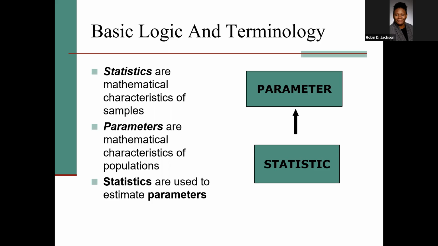If, however, I said a sample of 50 workers was taken from 200 workers at a distribution plant, and 25% of the 50 have a college education, then that 50 is your sample, because that's 50 out of 200. And that 25% of your sample would be your statistic, okay?